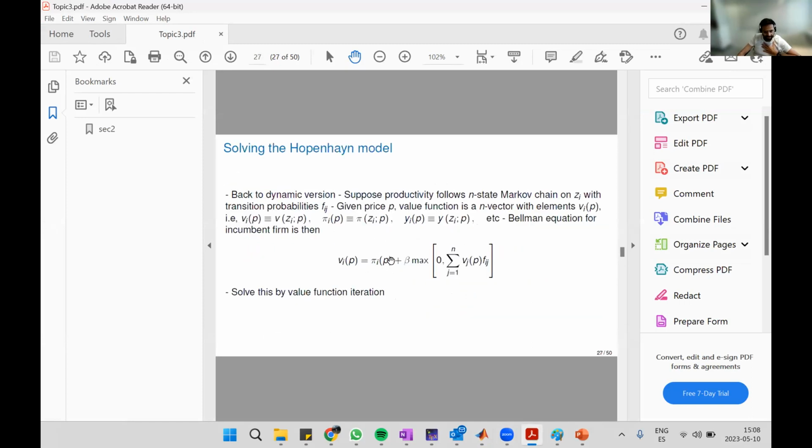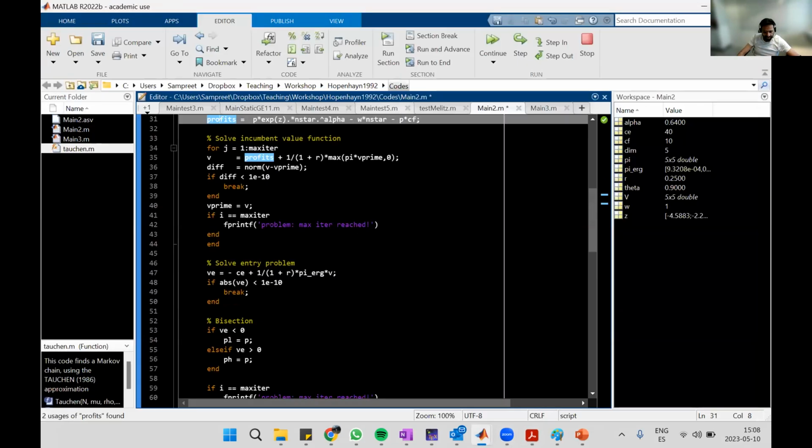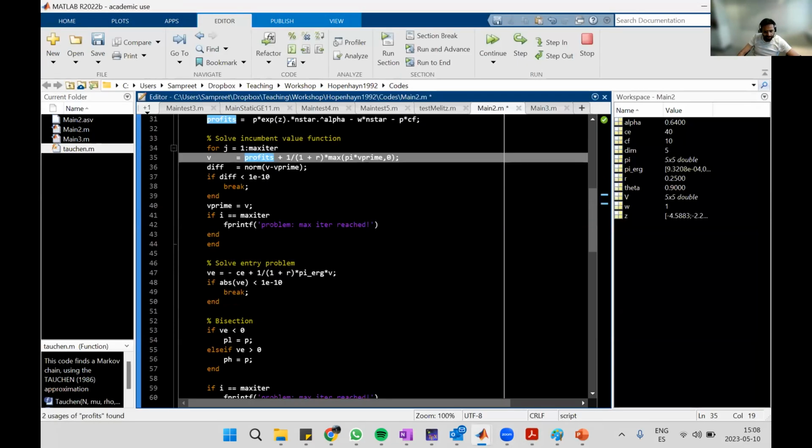I know my current period profits. I know a guess for V prime. Because I know the guess and I know my profits, I can compute the value today. So let me now run until this point.